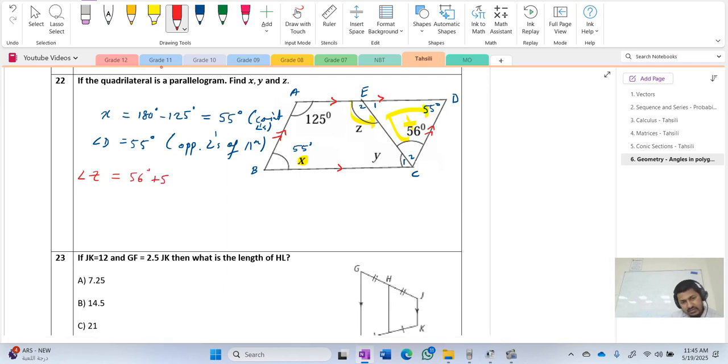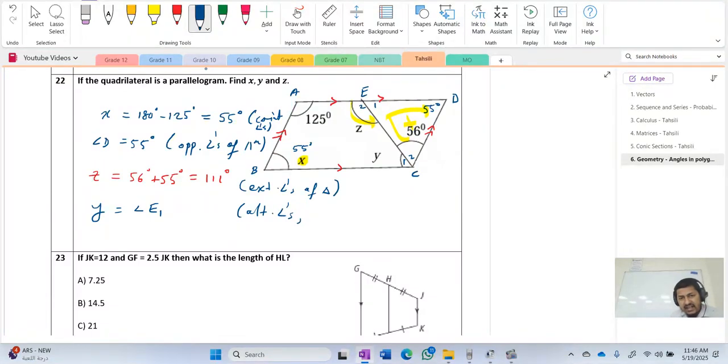And what's angle E1? 180 minus 111, so you will get 69 degrees for Y. I hope you guys understood that these are like written components. So we found X, we found Z, we found Y. You can find them in any order you like.